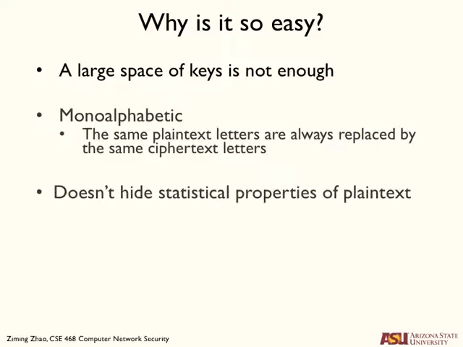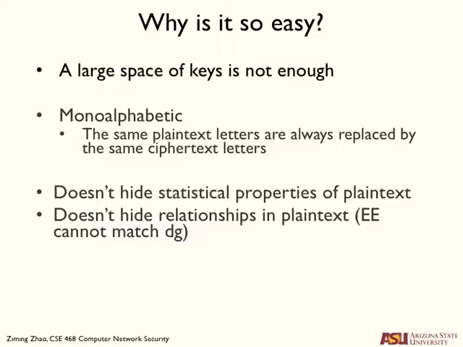So this kind of substitution cannot hide the statistical properties of plaintext. If E is the most popular letter in English, then switching it to Y will make Y the most frequent letter in your ciphertext. And it also doesn't hide the relationship in plaintext.